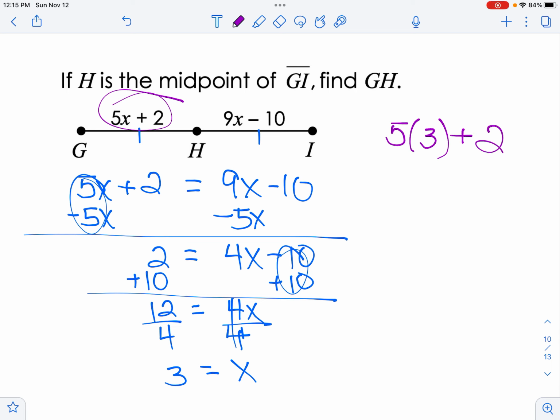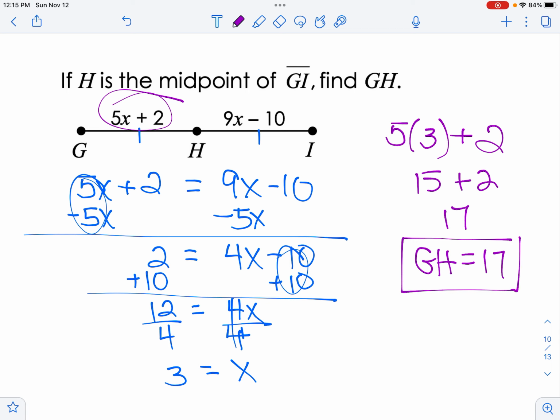There we go. All right. 5 times 3 is 15. Plus 2 is 17. So I know that GH, we want to write that out explicitly, GH equals 17. Okay. Hope that makes some sense.